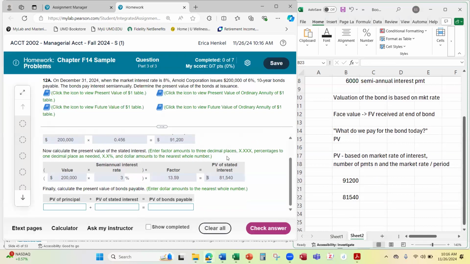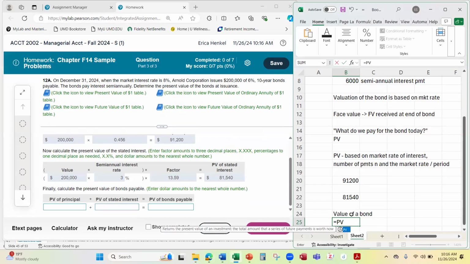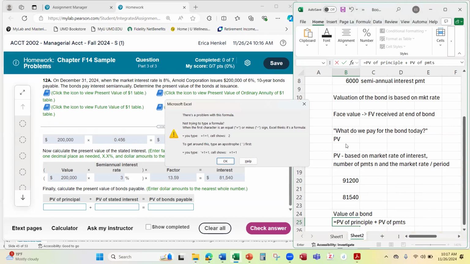So the value of a bond is equal to two things: the sum of the present value of the principal plus the present value of the payments.